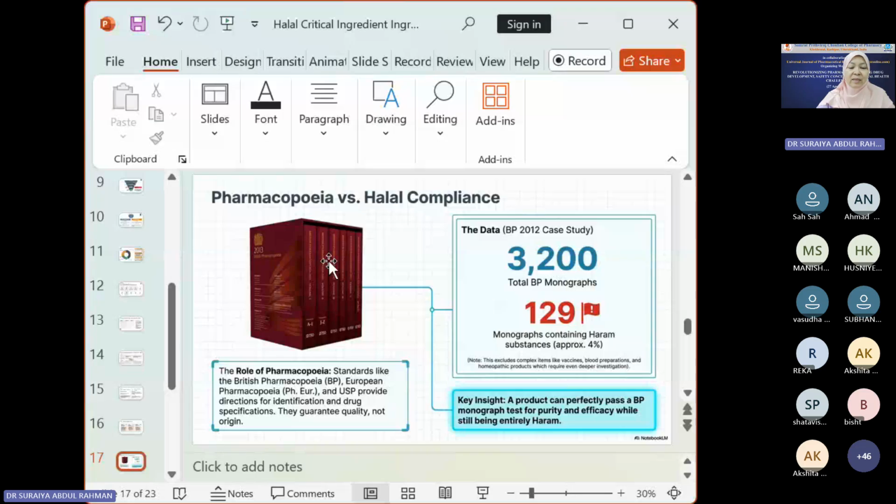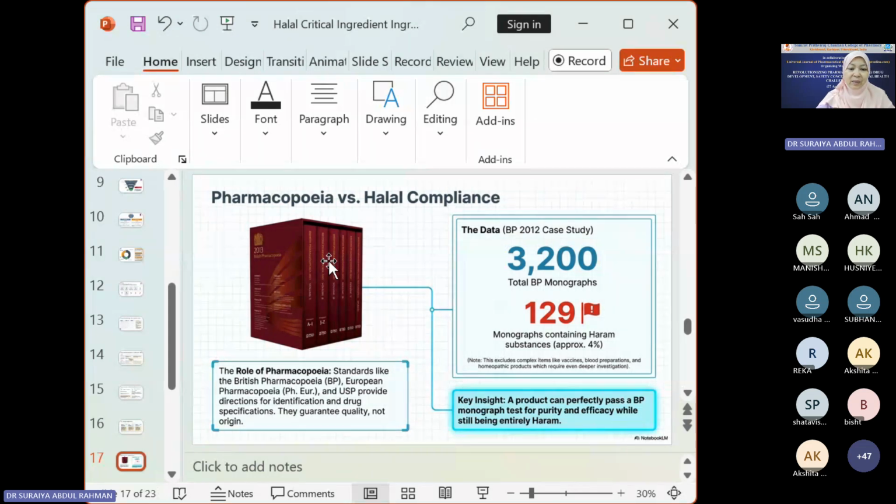So out of the 3,200, only 129 ingredients are clear cut from porcine, so it is clear cut haram. But the majority of them are considered mashbuh or halal.